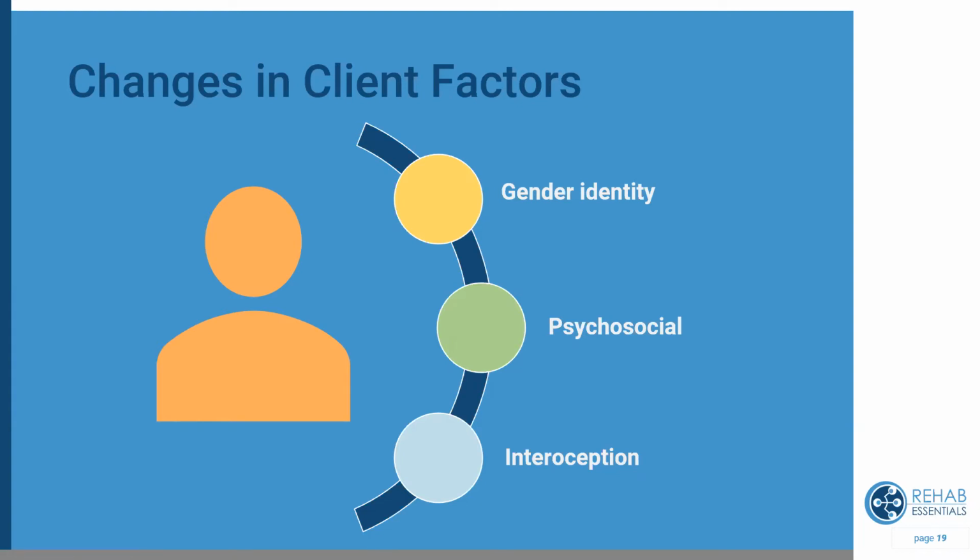And then the term interoception was added under body functions. And for those of you who don't know what interoception means, I had to look it up just to be sure. It means sensing and awareness from one's internal organs. Some examples include hunger, thirst, and my personal favorite, craving for chocolate.